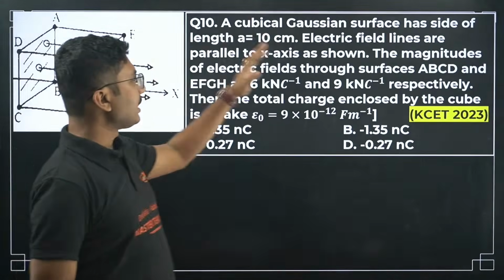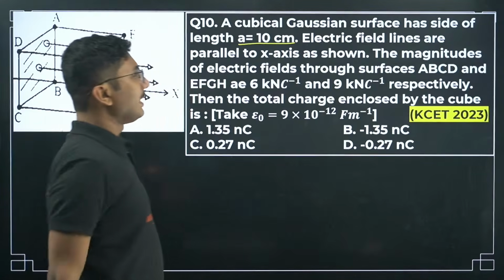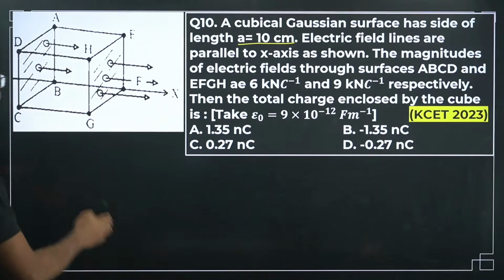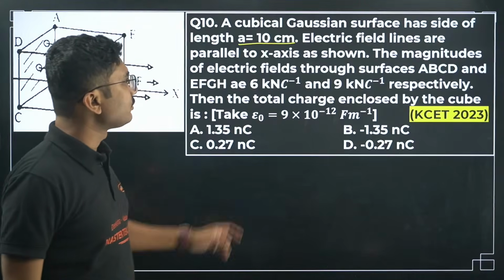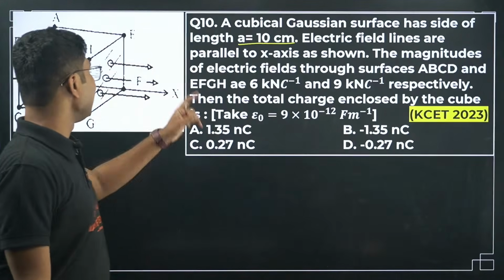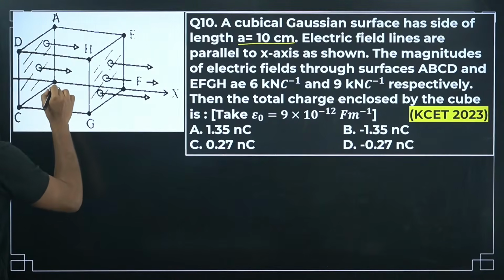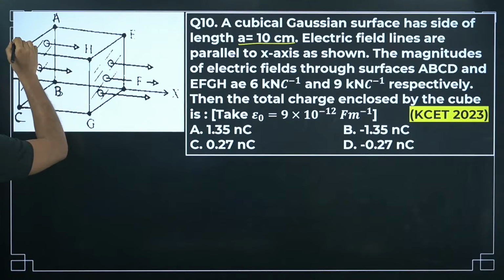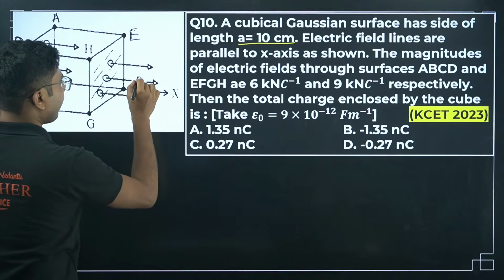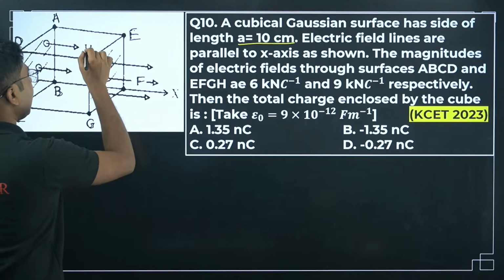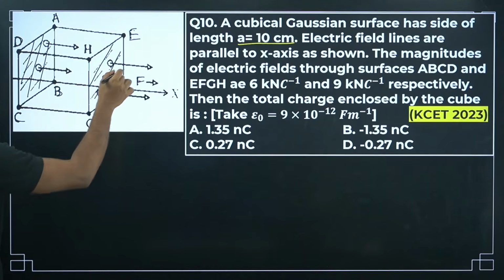The magnitudes of electric field through surfaces ABCD and EFGH: here we have two surfaces, A, B, C and D, and the other surface is E, F, G and H. One surface is this one, another surface is this one.